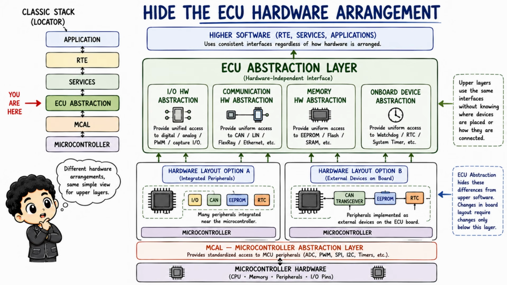AUTOSAR groups areas such as I/O hardware abstraction, communication hardware abstraction, memory hardware abstraction, and onboard device abstraction in this region. The exact modules present depend on the ECU configuration, but the architectural purpose is stable: isolate upper software from ECU-specific hardware layout.